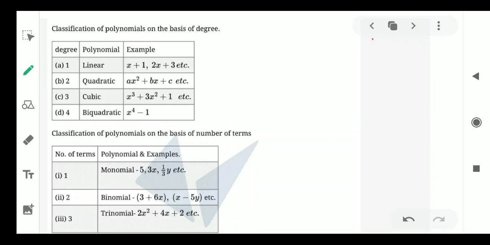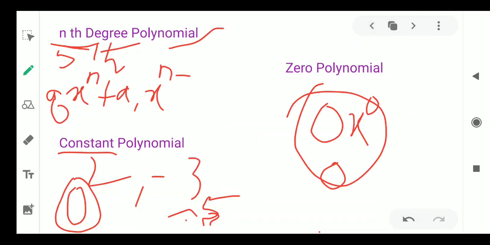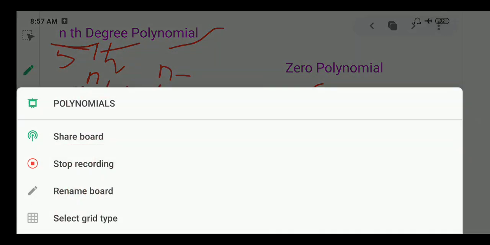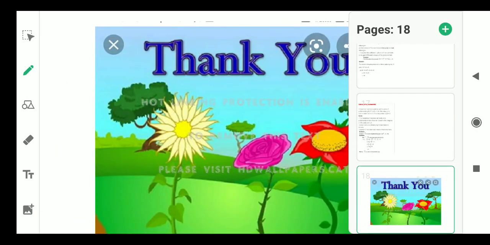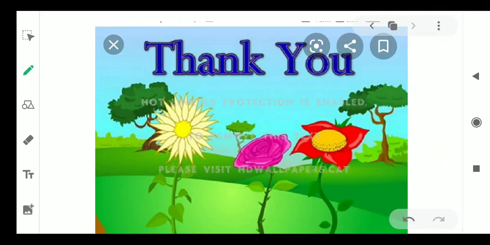I know you have understood very well. So this is today's class on polynomials. I will give the worksheet, and you have to follow it. First watch the video properly, read and observe the given questions properly, and answer.